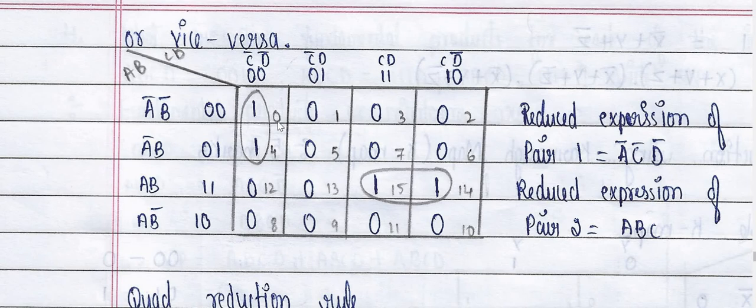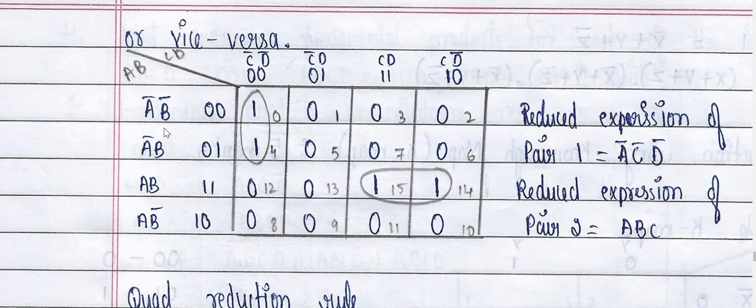We can consider the pair 0 and 4. To reduce the pair, first we have to consider the left side of that pair. What is the left side of the pair?